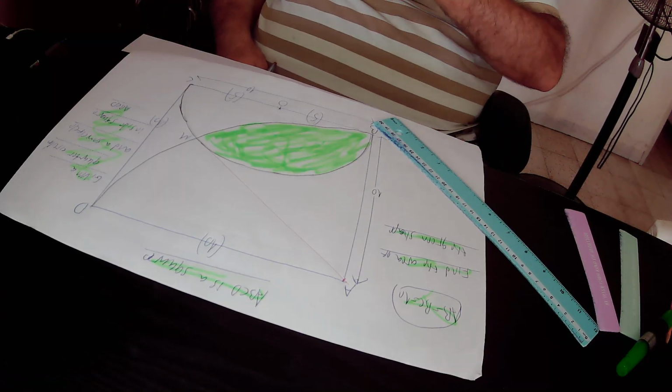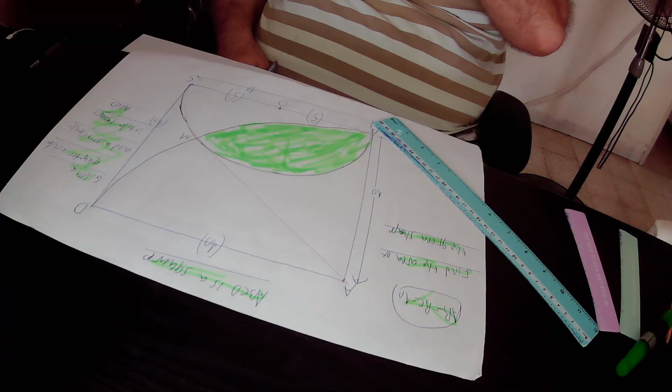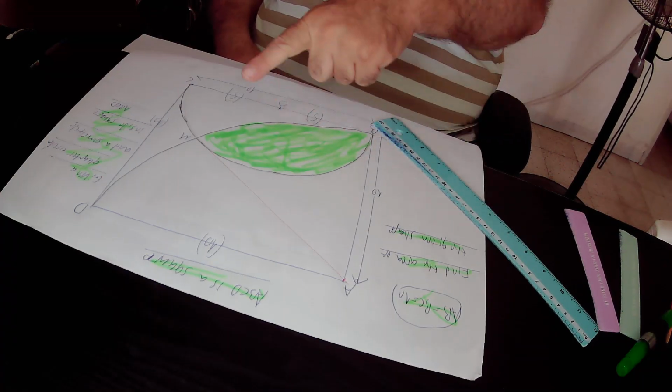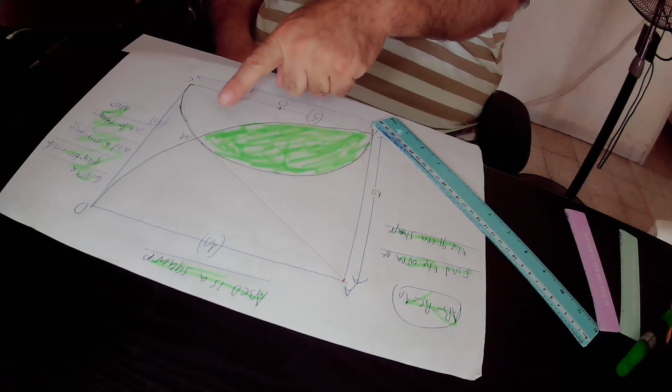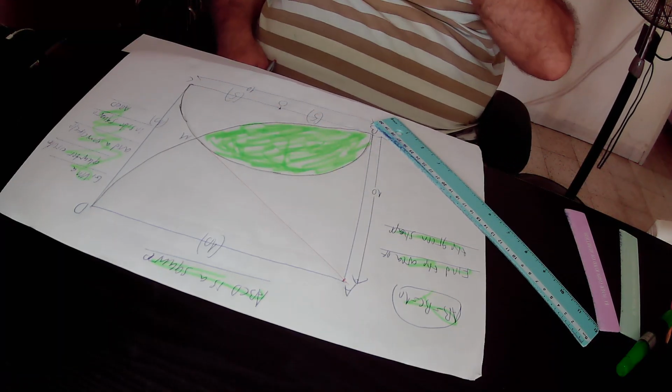What is the definition of line segment AM? AM is tangent to this semicircle at point M.